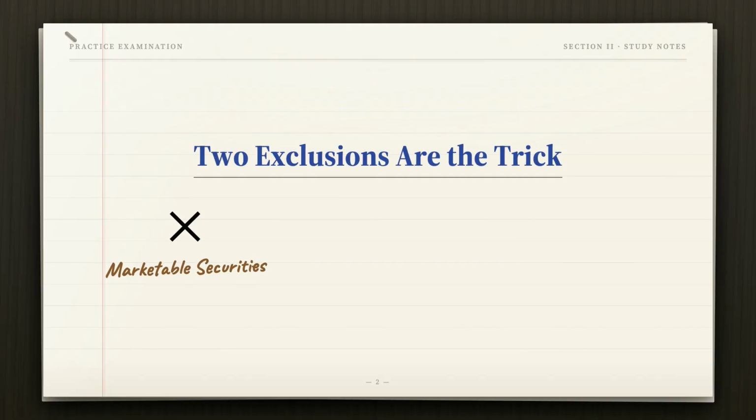On the asset side, marketable securities drop out because parking surplus cash is an investment decision, not an operating necessity. On the liability side, notes payable drops out because short-term borrowing is a financing choice, not something the operating cycle generates on its own.